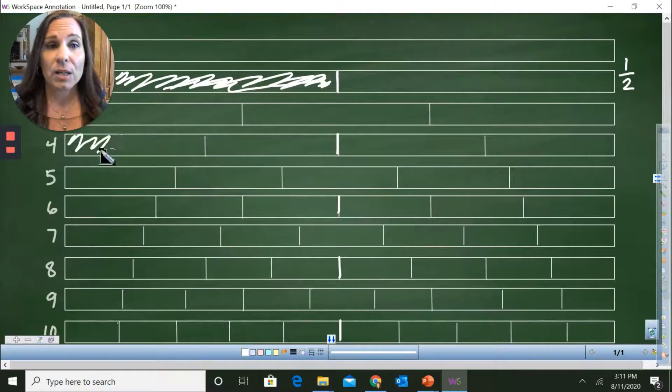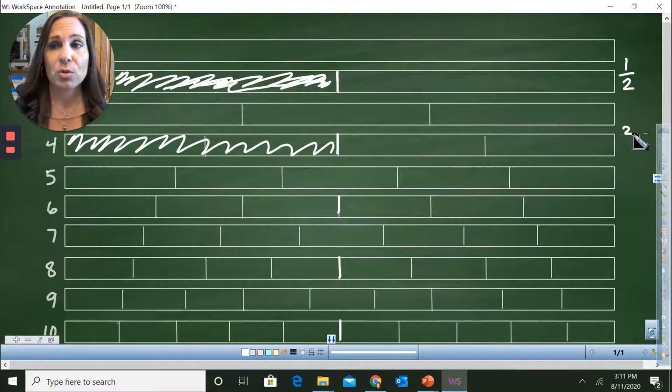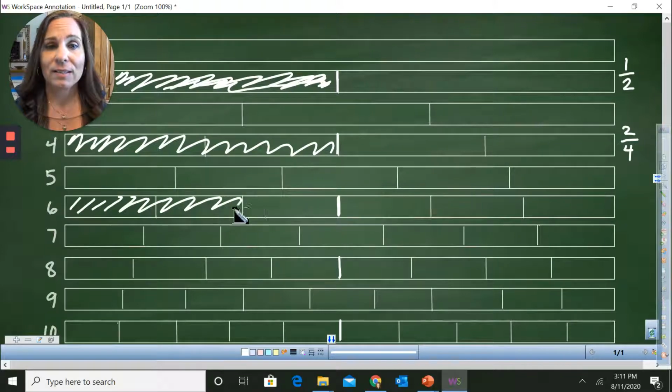And if we shade 1/2 on this strip, now we've shaded in 2 out of 4. The next strip that we find 1/2 is the 6th strip, and we would be shading 3 out of 6 to show 1/2.